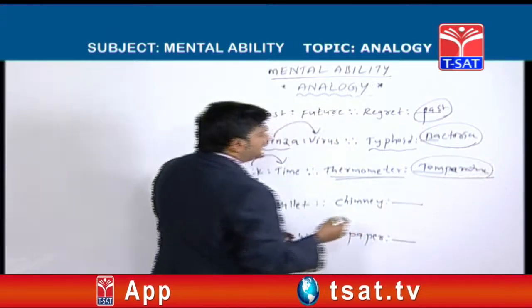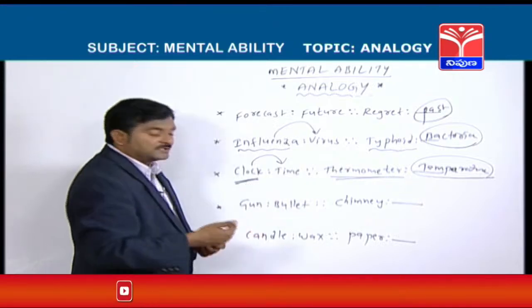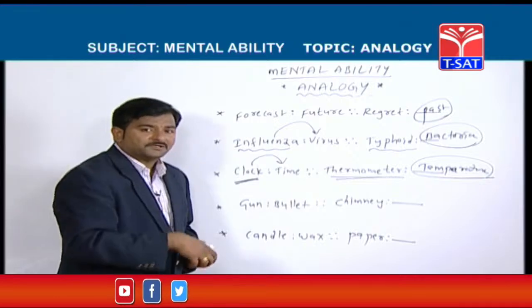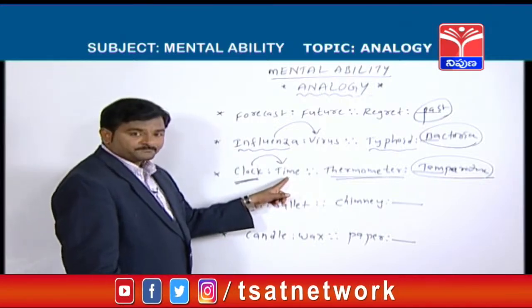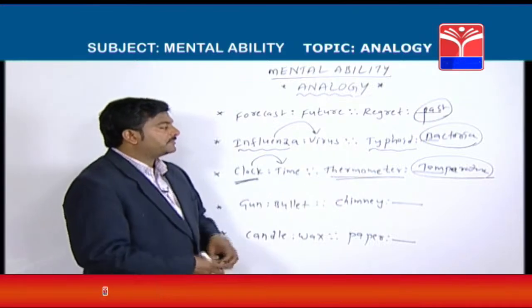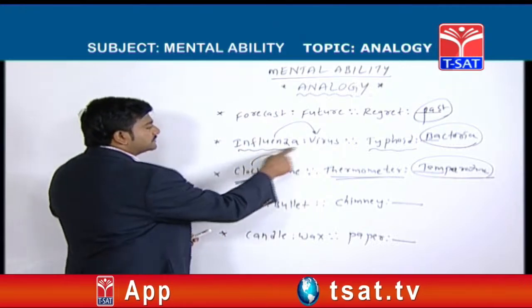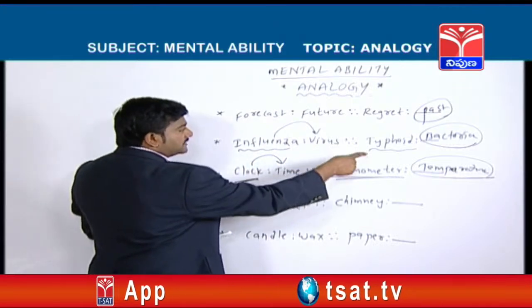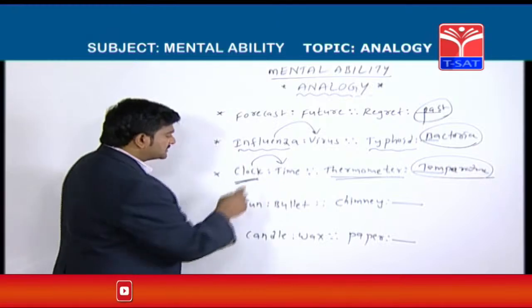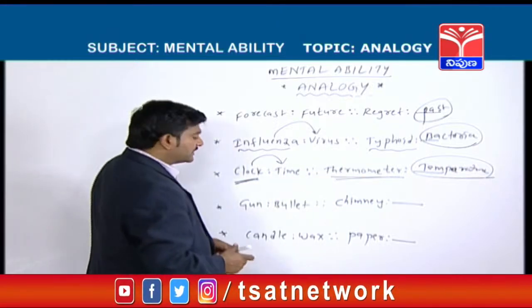So indirectly, the first one is the machine, and the second is what we measure using that machine. Time can be measured by using a clock. Similarly, temperature can be measured by using a thermometer. That is the concept. So disease caused by virus, disease caused by bacteria. Similarly, machine, measured what? That is the concept.